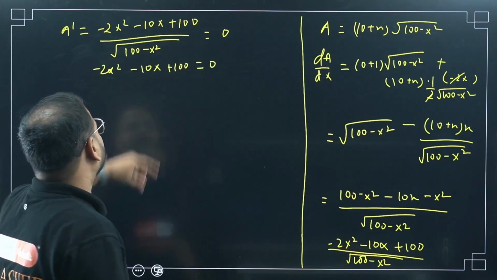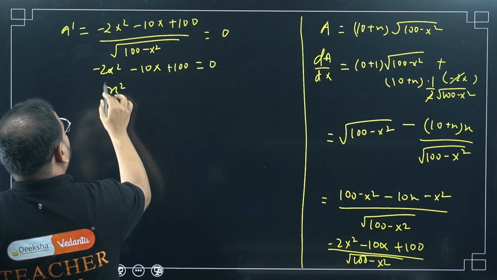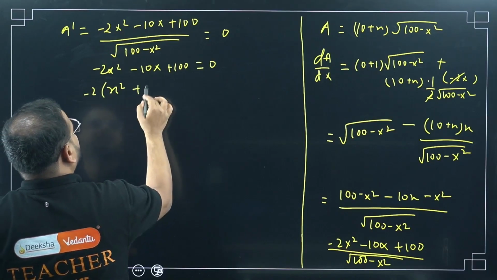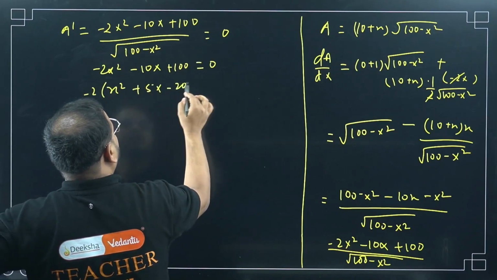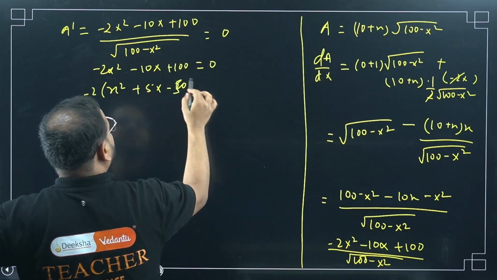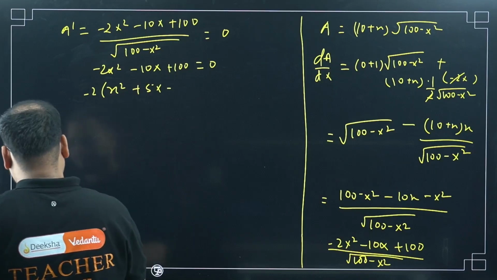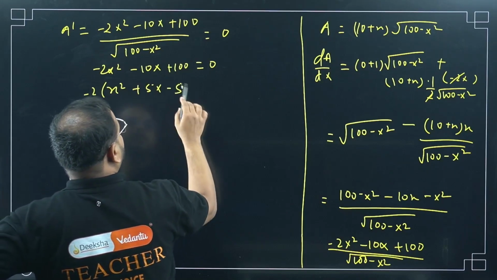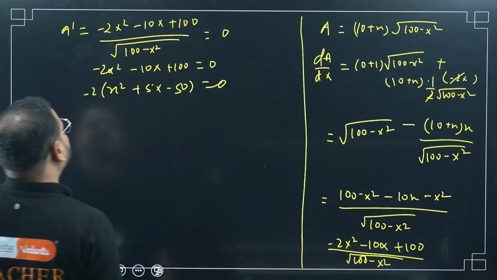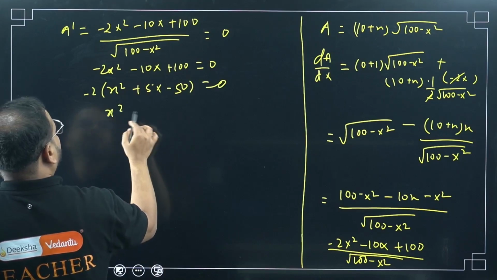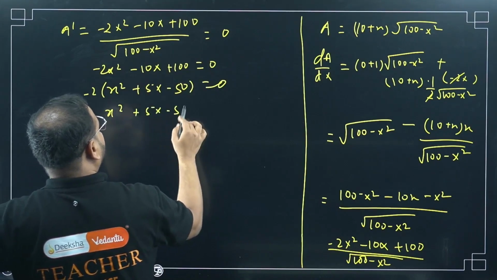Solve for this. Take the 2 common. I'm taking minus 2 common: x square plus 5x minus 50 equal to 0.